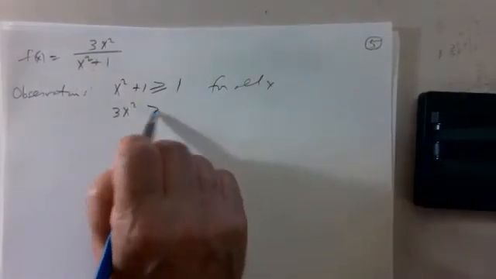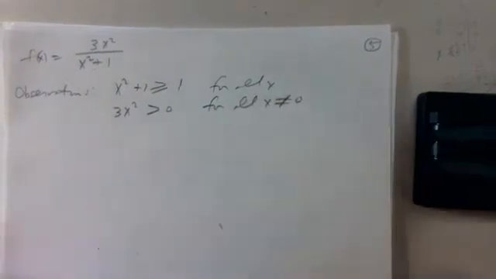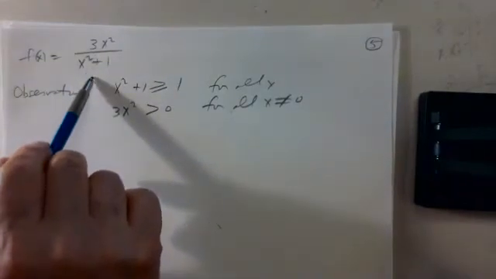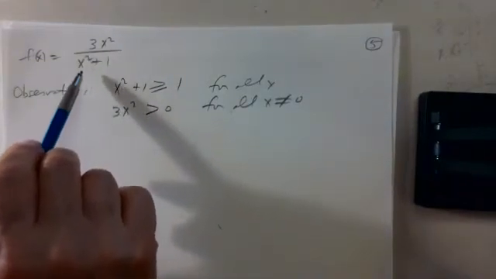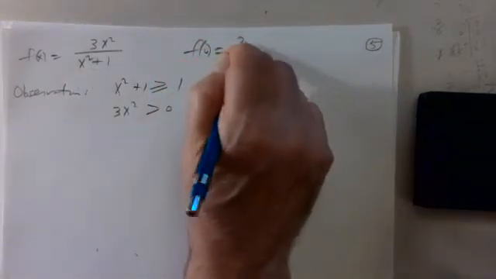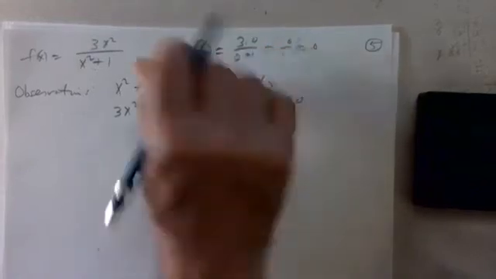3x squared is greater than 0 for all x different from 0. So this function is positive, strictly positive, for all x different from 0, and f of 0 is 3 times 0 over 0 plus 1. That's 0 over 1, that's 0.